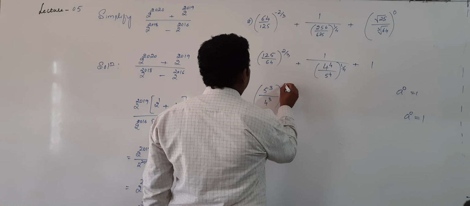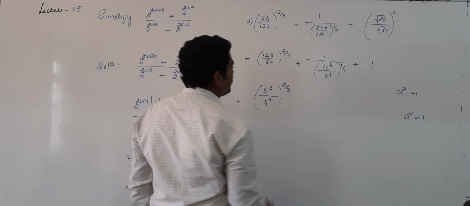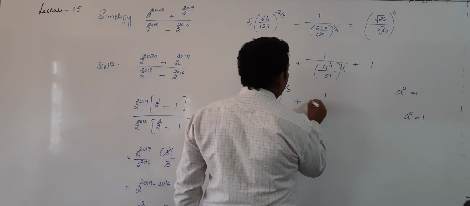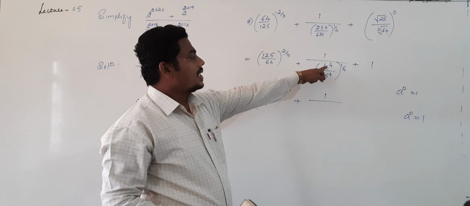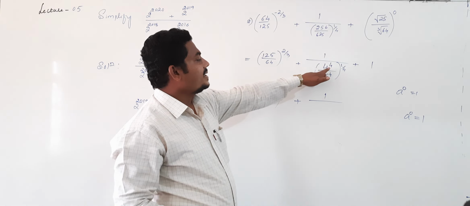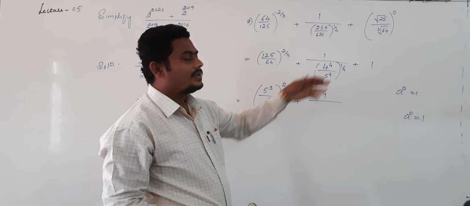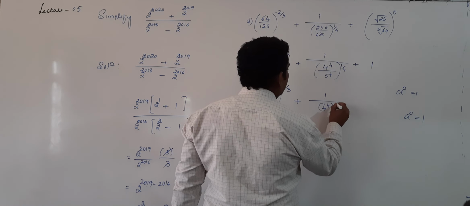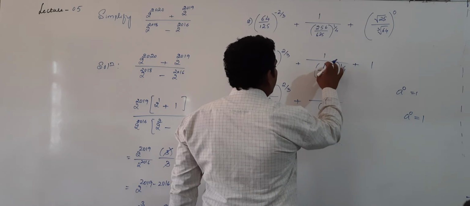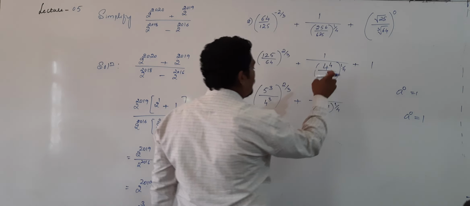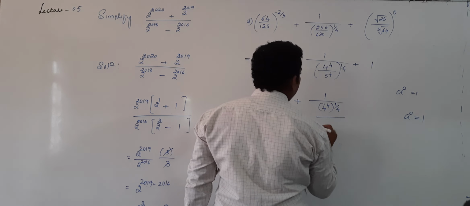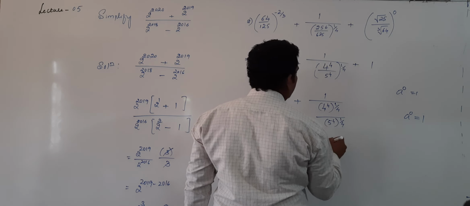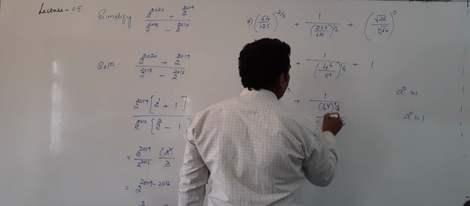Whole thing power 2 divided by 3, plus 1 divided by, in the denominator it is (a by b) whole thing power n, which means (4 power 4) whole thing power 1 by 4. (a by b) whole thing power n is nothing but a power n divided by b power n, and (5 power 4) whole thing power 1 by 4. Now 4 gets cancelled, 4 gets cancelled.